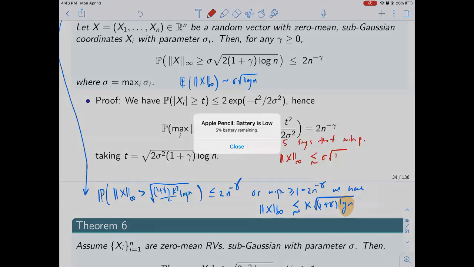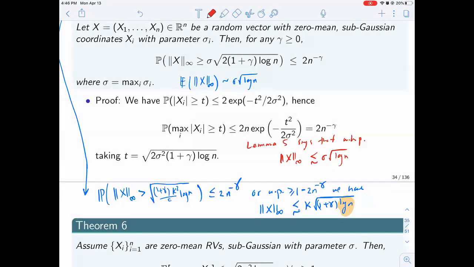That's what we have proved. In order to prove this, I have to show that the probability that this is bigger than this is small. I could also be interested in proving the other way. So I might be interested in showing that this guy is bigger than or equal to sigma root log n, up to a constant, with high probability. This in general is not going to be true.